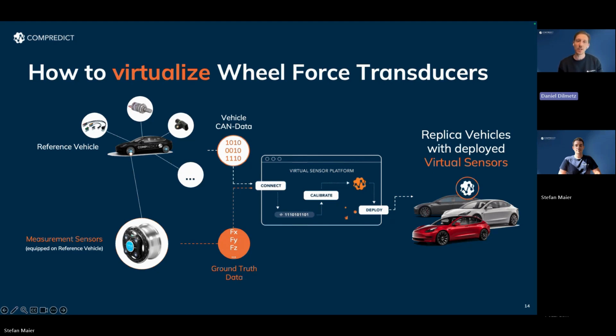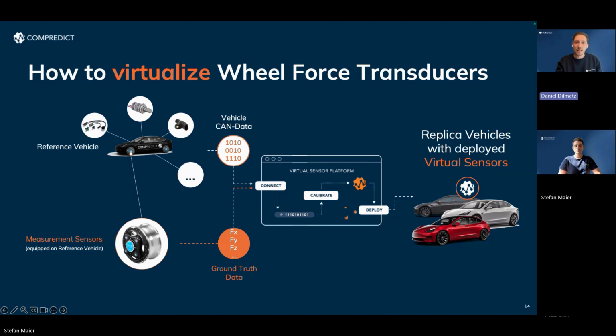And after the calibration is done on the platform fully automatically, the virtual sensor has to live somewhere. And our approach within R&D scenarios is usually to deploy it on cloud, as R&D vehicles such as long runners or durability testers are usually also equipped with data logging devices.